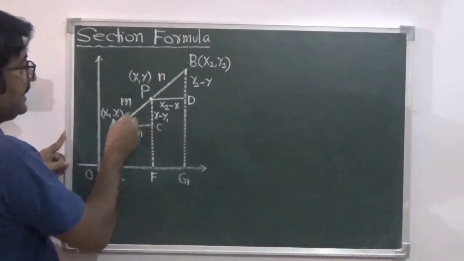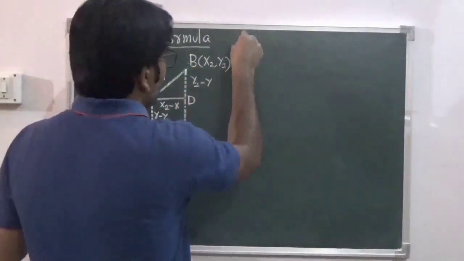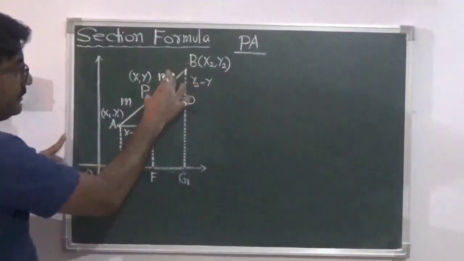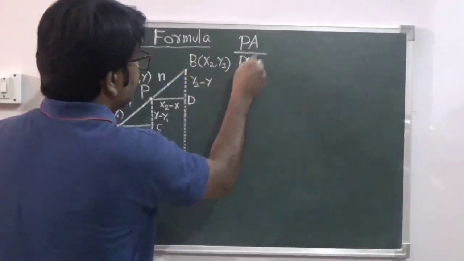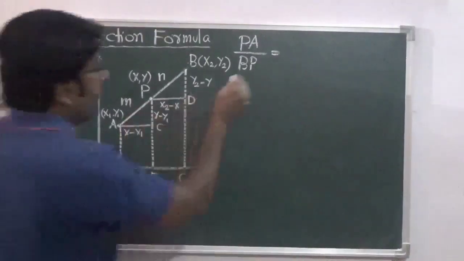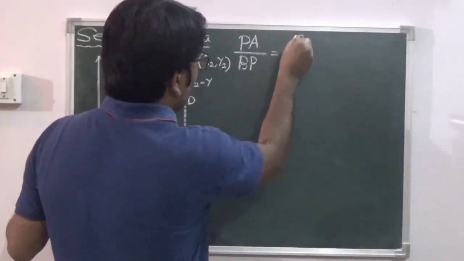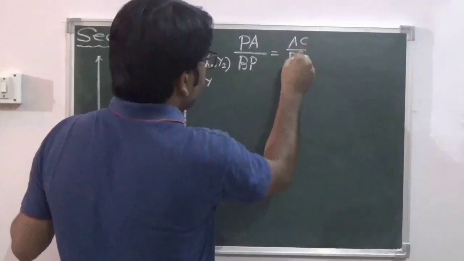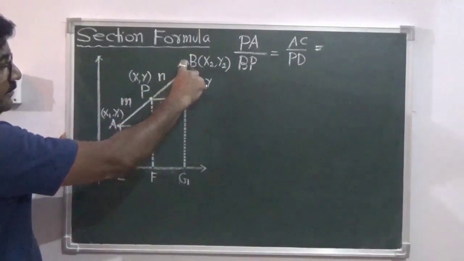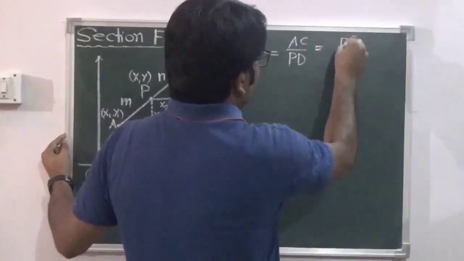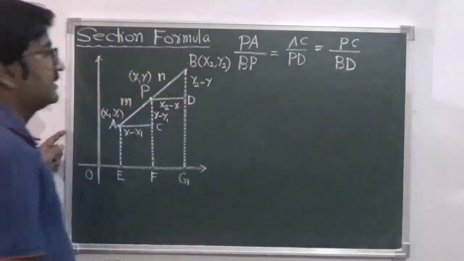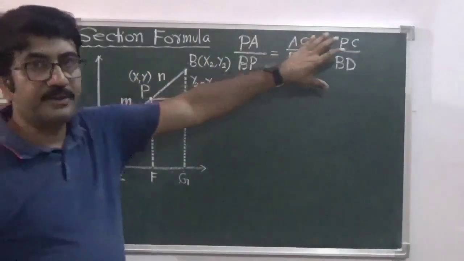So you can write PA of this triangle divided by BP is equal to AC divided by PD, which is equal to PC divided by BD. Now let us write the values for this.